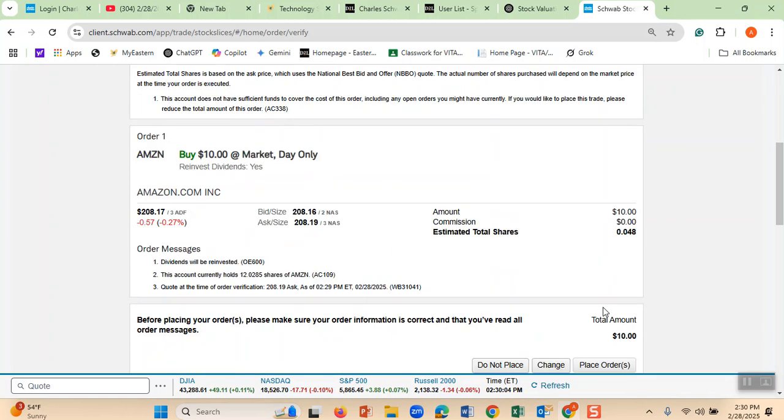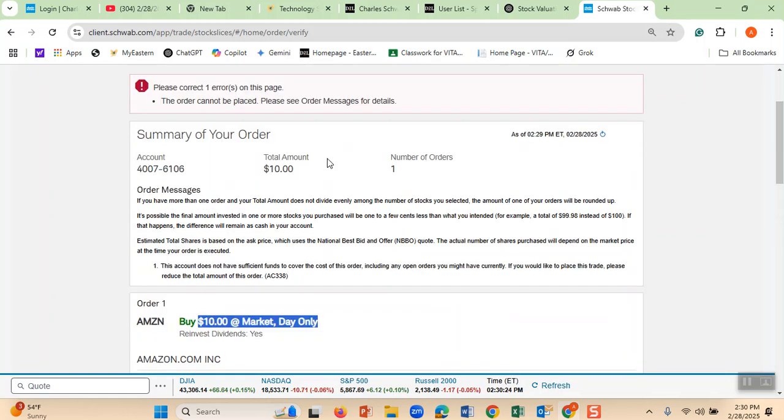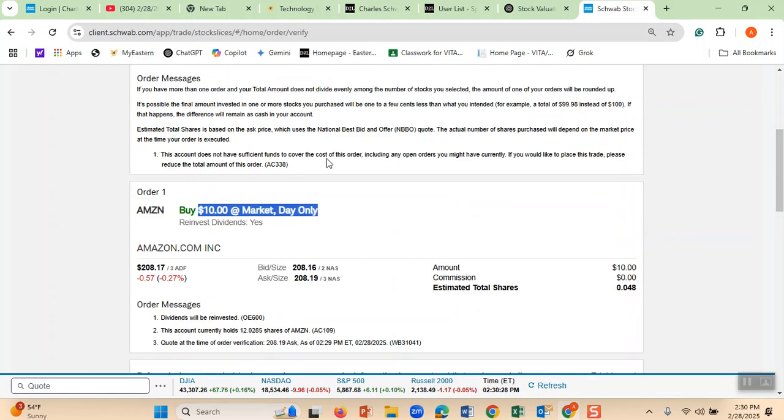And then he clicks place order. When he places the order, he will buy $10 worth of stocks of Amazon. Therefore, you are not restricted to Amazon. Maybe you are interested in the Dow Jones Industrial, you want to buy $10 of it, fine. The minimum investment is $5 for each stock.